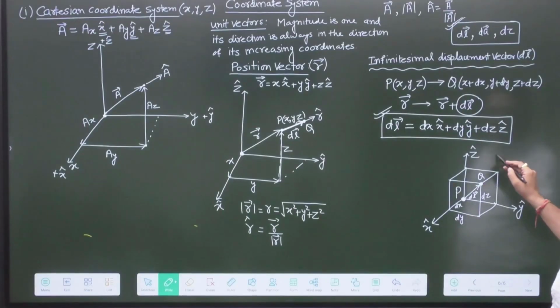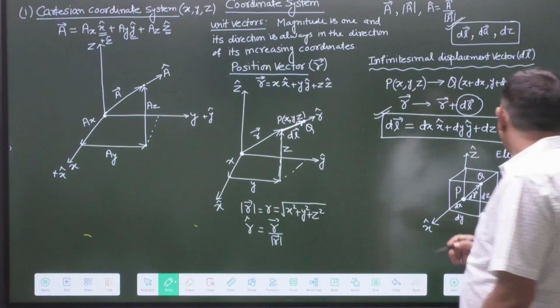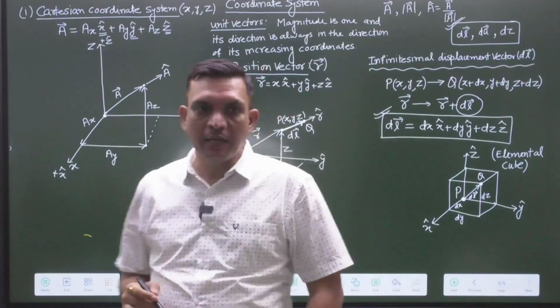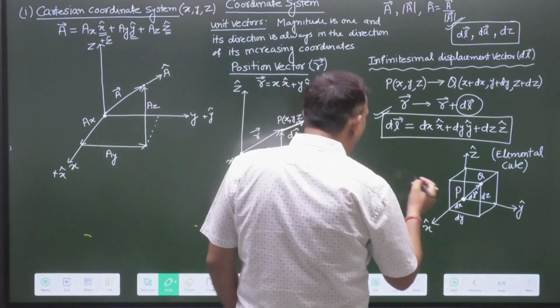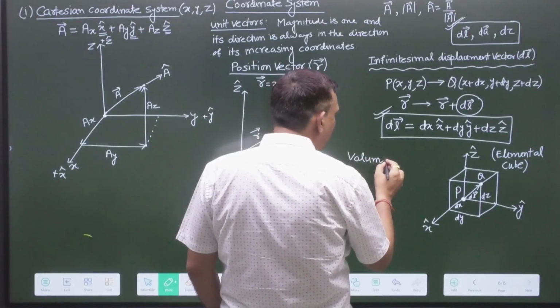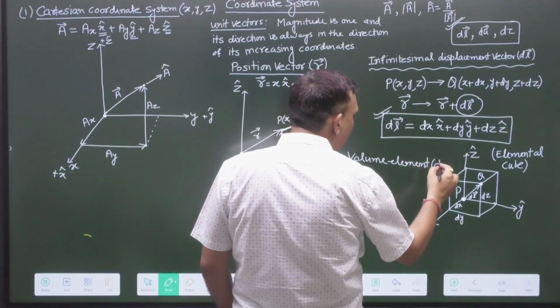So this is an elemental cube. We call this an elemental cube. So you know from the elemental cube you can write the dl vector. We can also write the volume element. What will be the volume element? d tau.